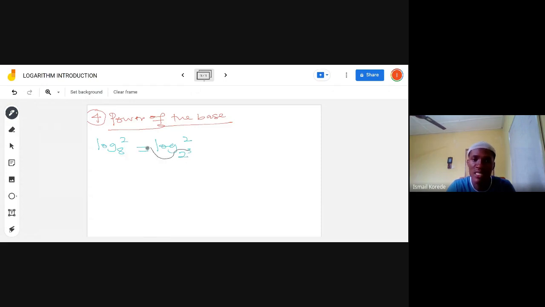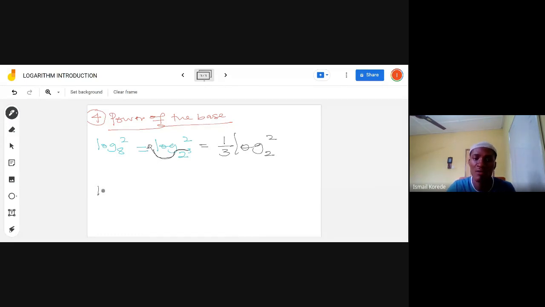But since it is the base, you can see how irregular this pattern is. It's not that smooth, unlike moving like this. So in such a case, we are not going to take the 3 as 3, we are going to bring the inverse of the power. So we'll be doing 1 over 3, because it is for the base, not the power. 1 over 3 then log 2 base 2.